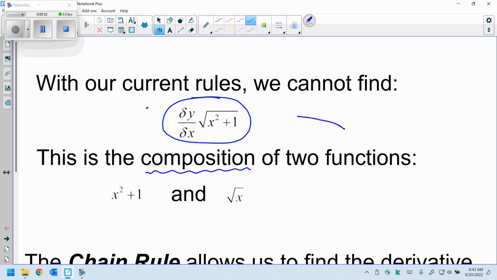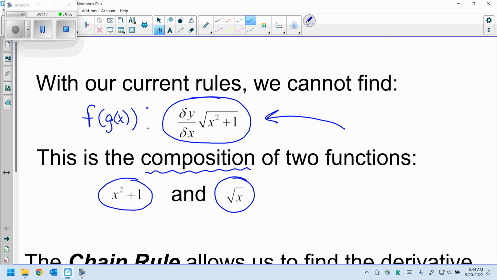And this function right here is the composition of, well, this is what's inside, so that would be like g of x, what we referred to as g of x in the past. And this would be f of x. And so here we have the composition of functions, f of g of x, and we'd like to find the derivative of.